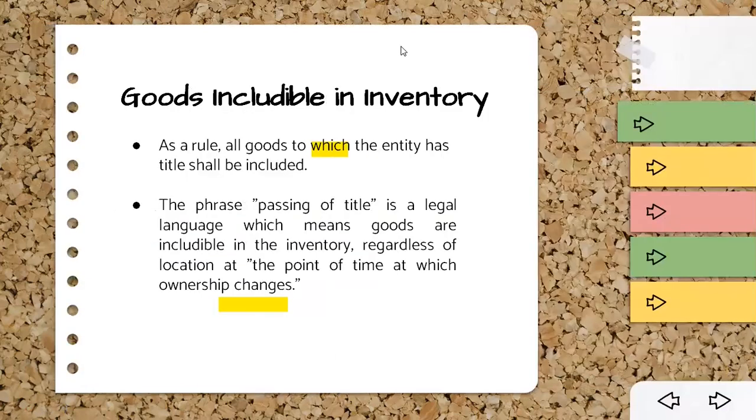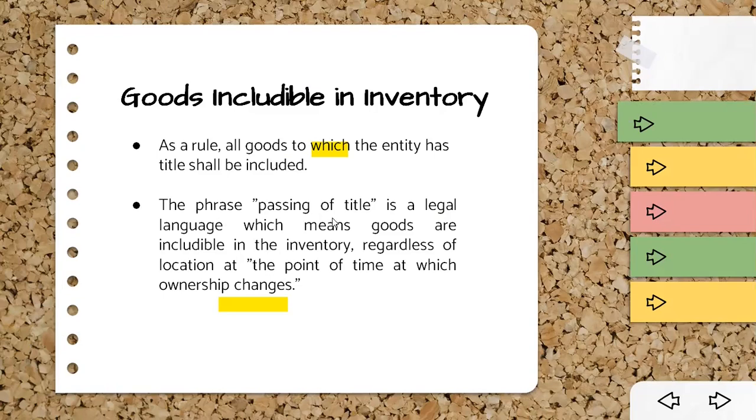This is important. We should know what goods are includable in the caption inventories or inventory. As a rule, all goods to which the entity has title shall be included. Here, title is mentioned, which talks about the ownership of the goods. If you own the goods, then you should include them in your inventory.